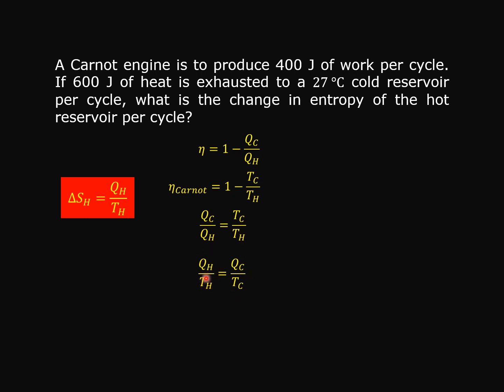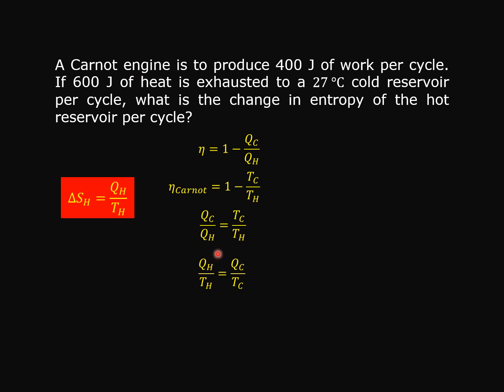But QH over TH is the entropy change of the hot reservoir. And since the term at the right hand side has the same form as the term at the left hand side, that means the right hand side is the entropy change of the cold reservoir. So the entropy change for the cold reservoir and the entropy change of the hot reservoir for the Carnot engine, in terms of magnitude, are the same.